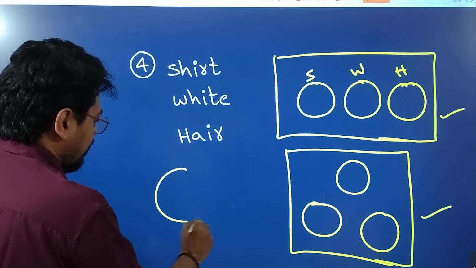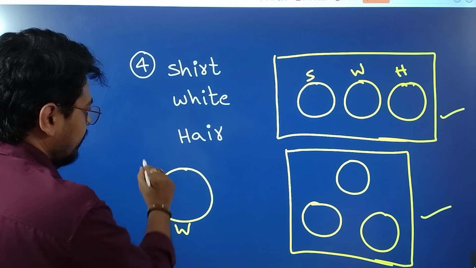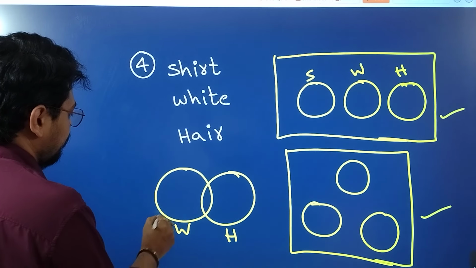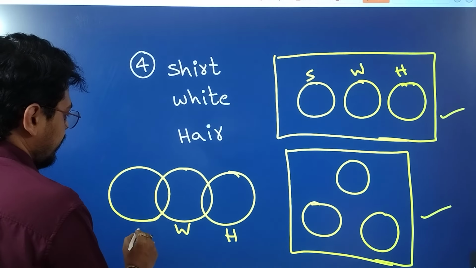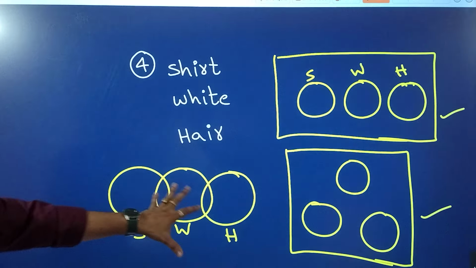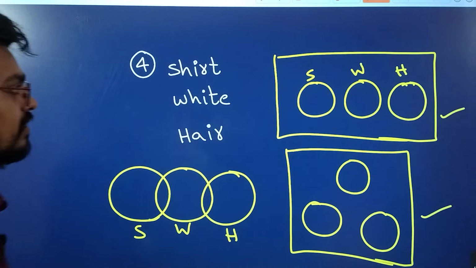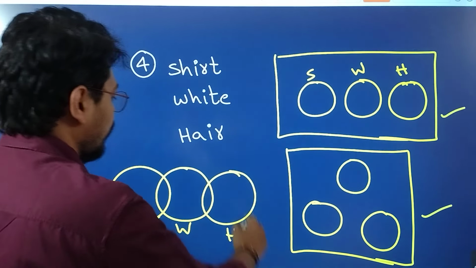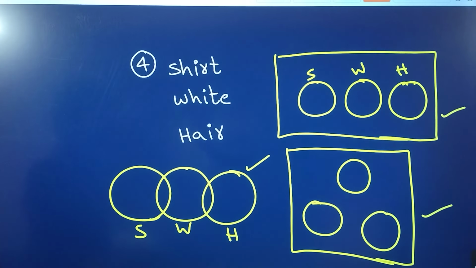You will take white as the center, and hair is white, and similarly shoes and shirts will be white. So like this also you can draw. If this option is not there in your options, then you can move to this. Clear?